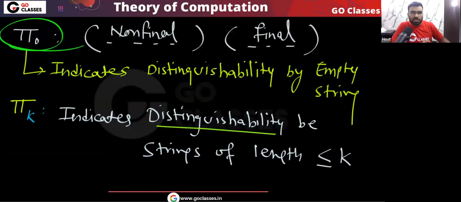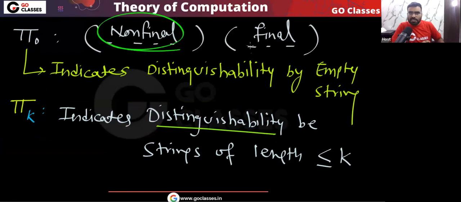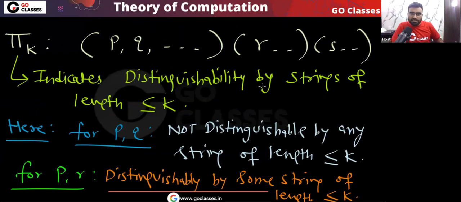For example, pi 0 indicates distinguishability by empty string, meaning these states are distinguishable from these states by the empty string. Now pi k indicates distinguishability by strings of length at most k.